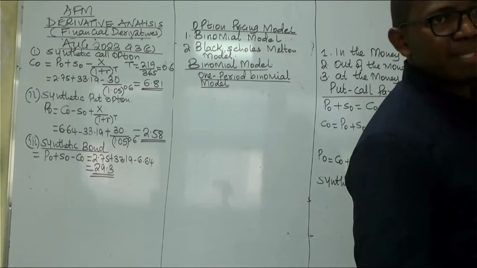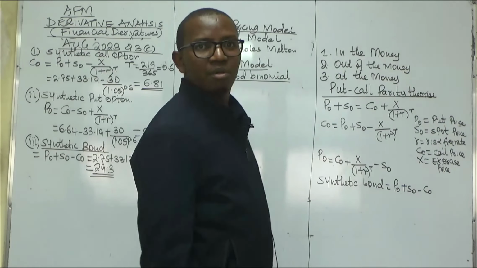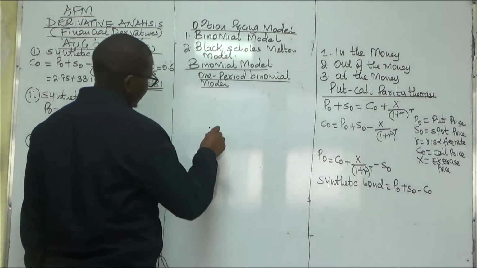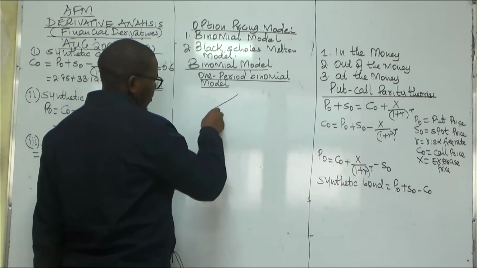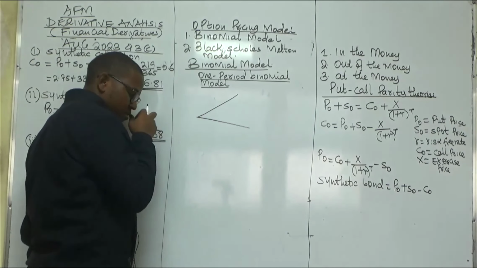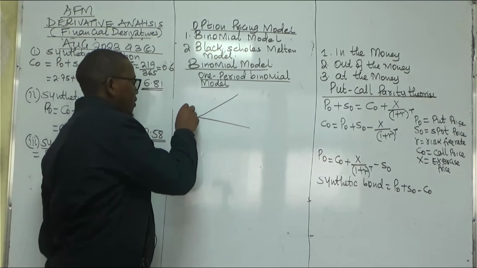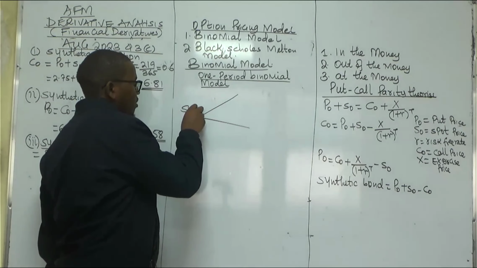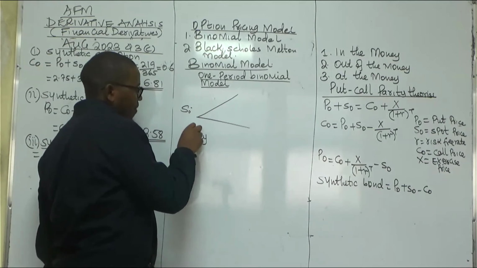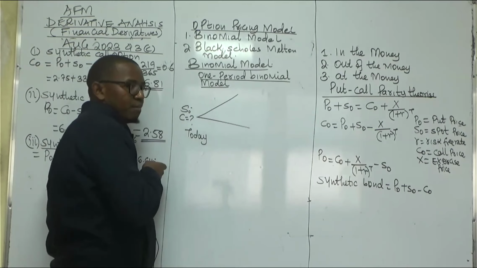So it can be illustrated using a binomial tree as follows. This is the spot price today. Here I'm talking of the value today, the value of a call.